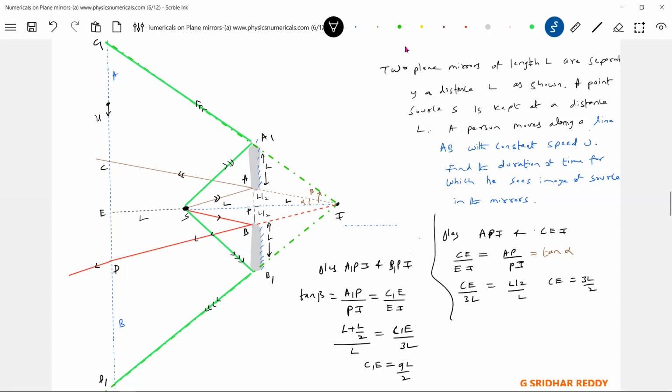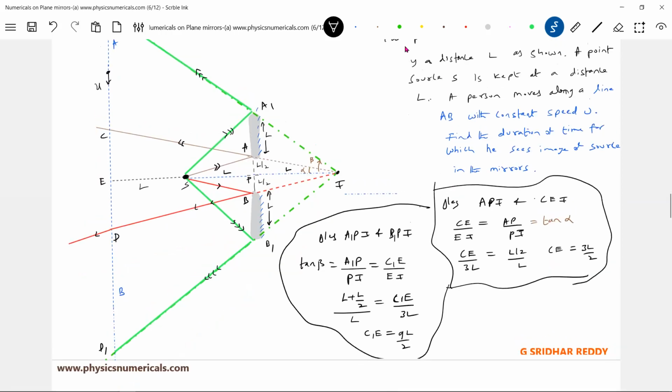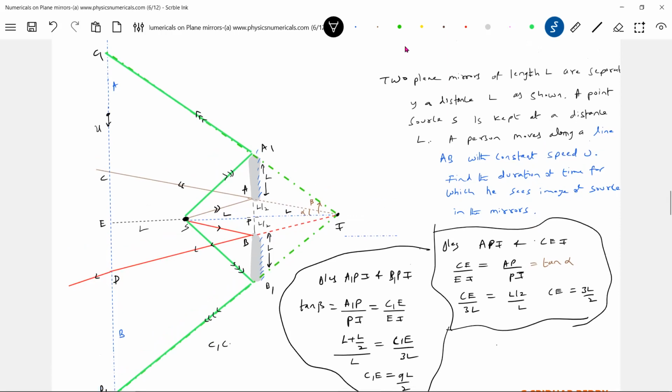So we wanted the distance C1C. These are the two sets of calculations. C1C should be equal to C1E minus CE. C1E is 9L by 2 and CE is 3L by 2, so this becomes 3L.